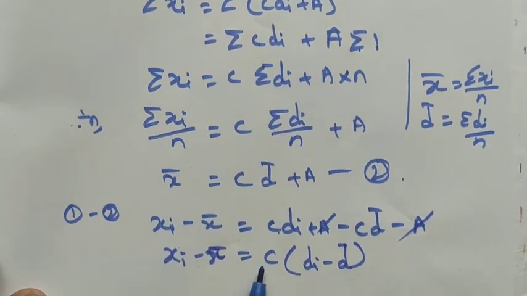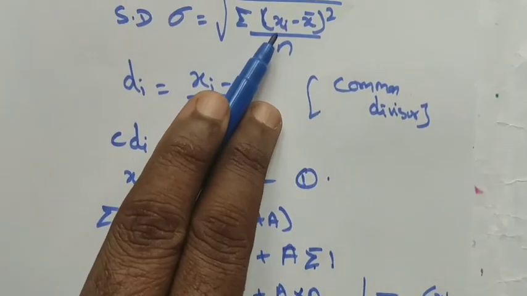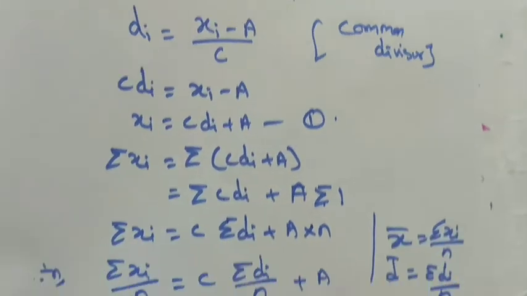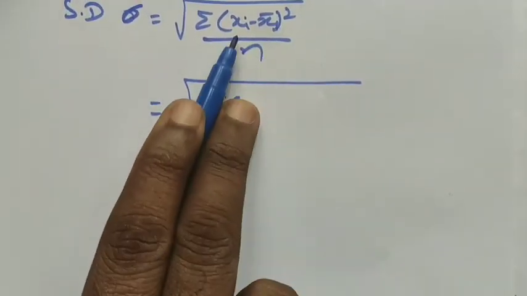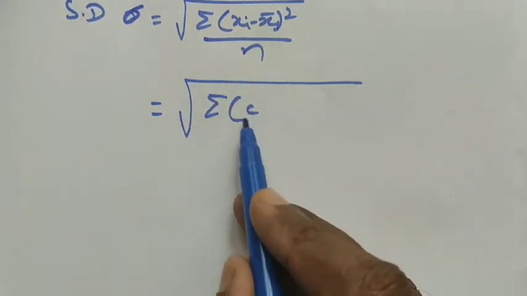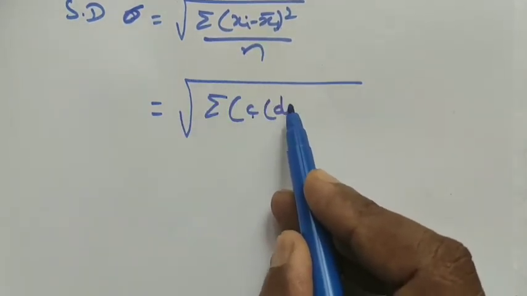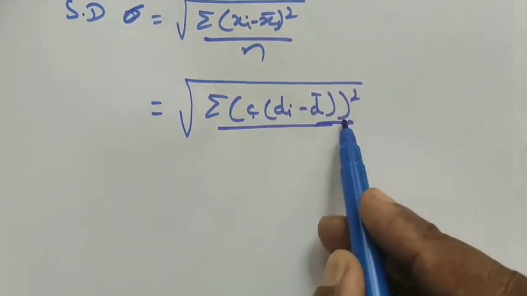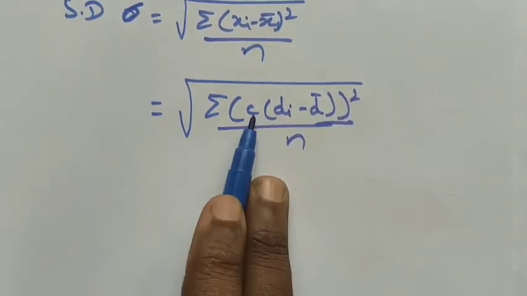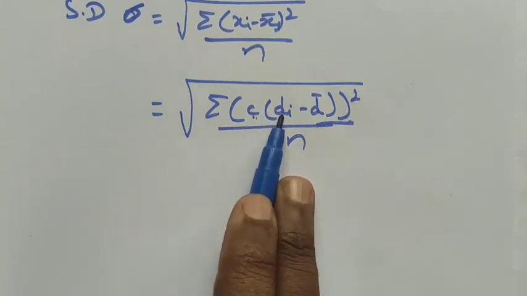So xi minus x bar is equal to C into di minus d bar. In the place of the standard deviation general term, we are going to substitute that C into di minus d bar. So this is a general term. In the place of xi minus x bar, I am going to apply C into di minus d bar. Here we have whole square divided by n. So we have the square of C into this term.